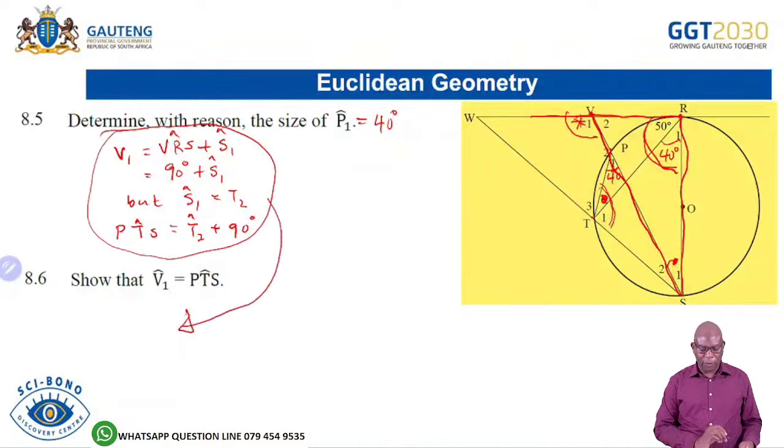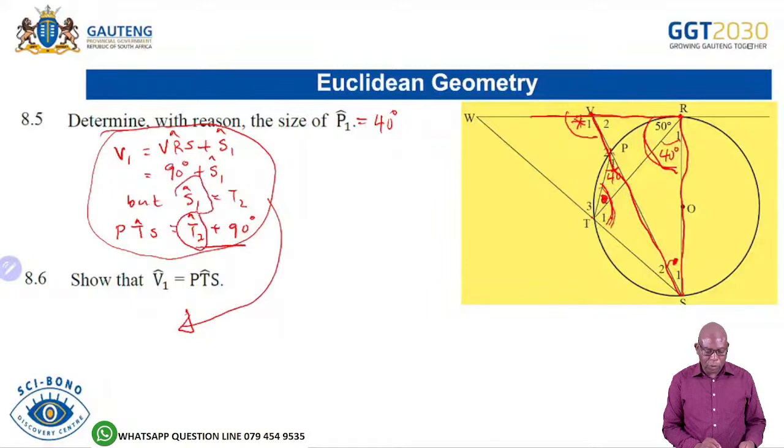Right. Okay. So now PTS, we know PTS, if you check PTS here, where is PTS? PTS, the whole PTS here, will be equals to T2 plus T1. You see, right? So plus 90 degrees. So now, what are we going to have there? What did we say about T2? T2 will be equals to S1.